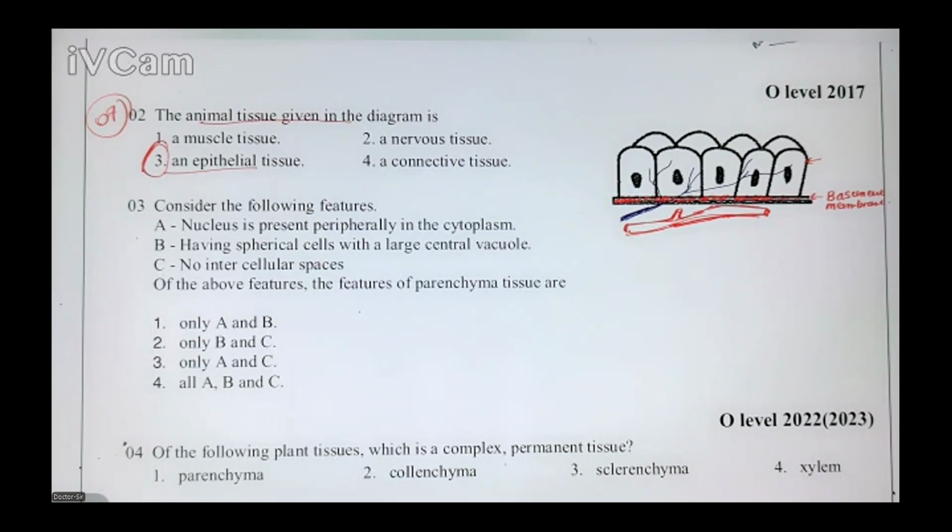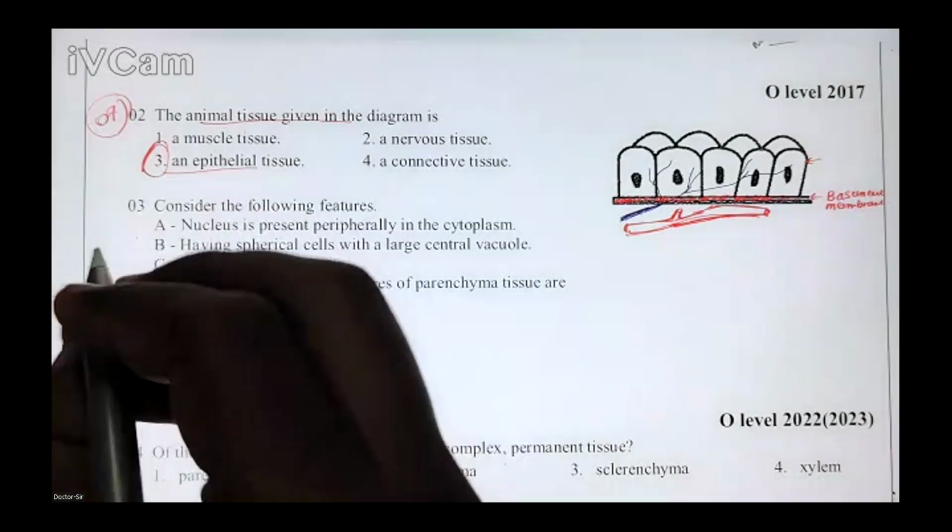Where is this question present? 2017? 32. Okay, good. Question number 32.